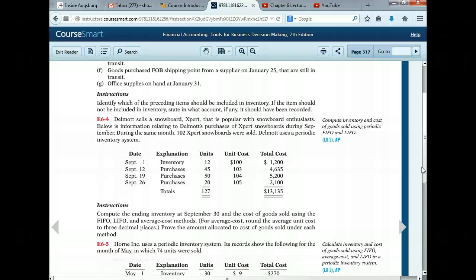So we're going to compute the ending inventory at September 30th and the cost of goods sold using FIFO, LIFO, and average. It shows 102 snowboards were sold. What does that mean we have left in ending inventory? 25. So let's go to our little chart here.